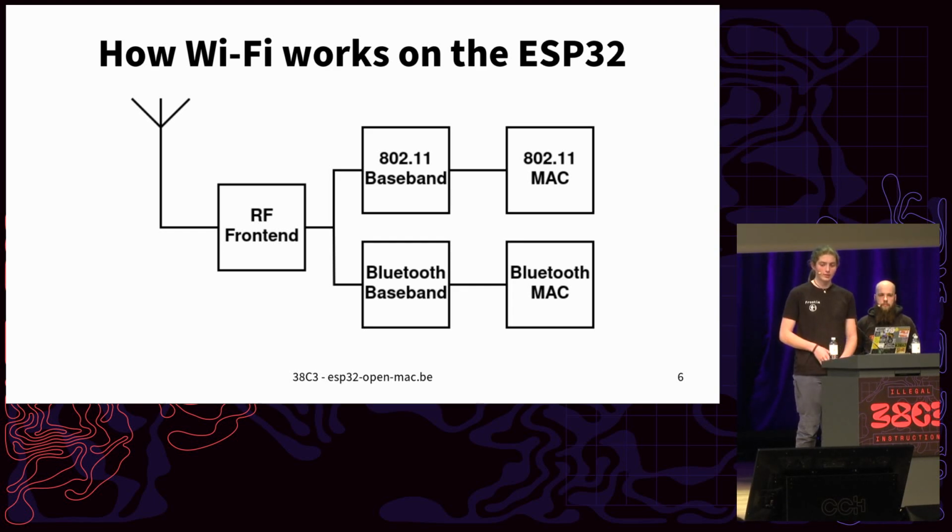And these again interface with the medium access control for the specific protocol, which handles the lowest layer of that protocol, and also does time-sensitive tasks. So for Wi-Fi, you have acknowledgments, which need to be transmitted in 10 microseconds. And that's just not something you can do in software, at least with that microcontroller.